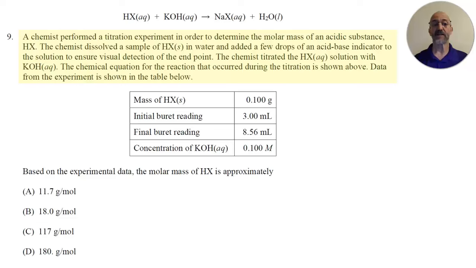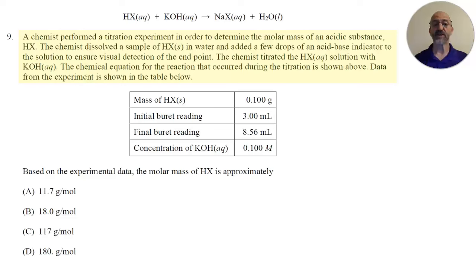Now, the chemist dissolved a sample of solid HX in water and added a few drops of an acid-base indicator to the solution to ensure visual detection of the endpoint. The chemist titrated the HX solution with potassium hydroxide, or KOH, so that's the base in this experiment.